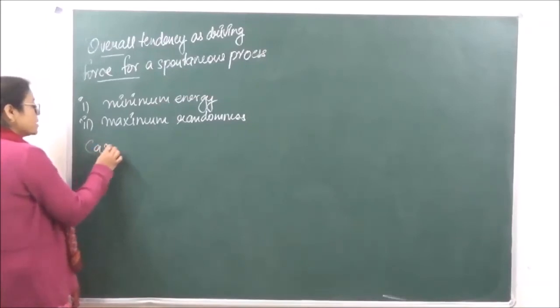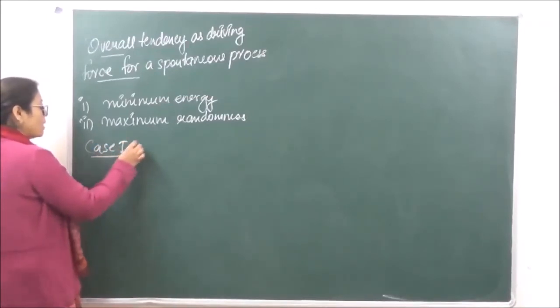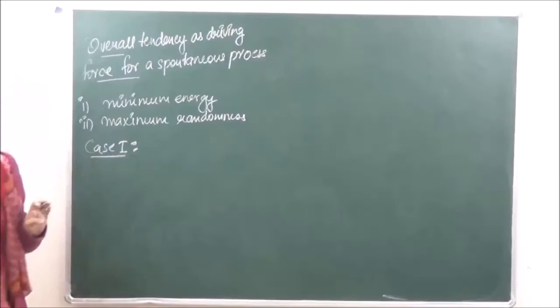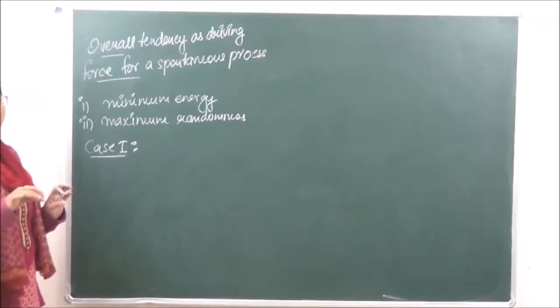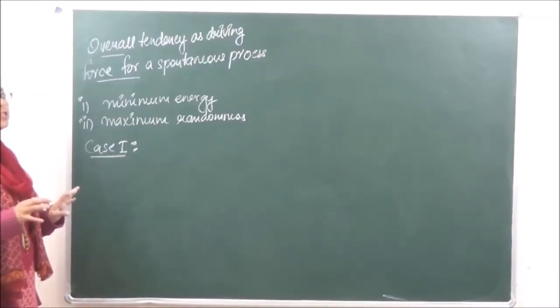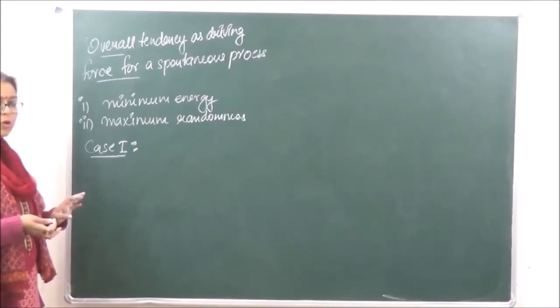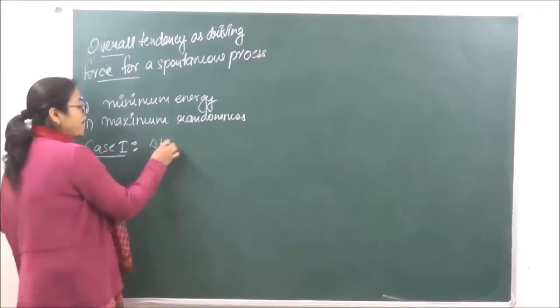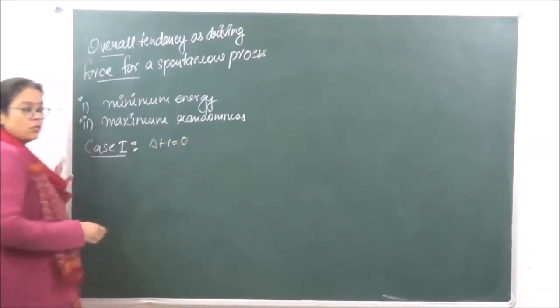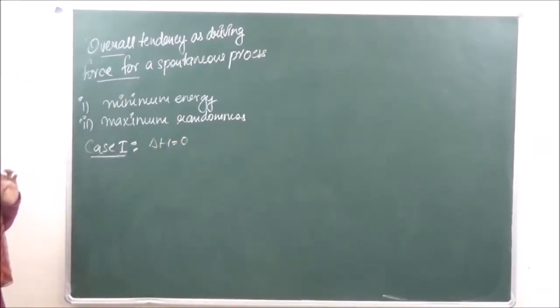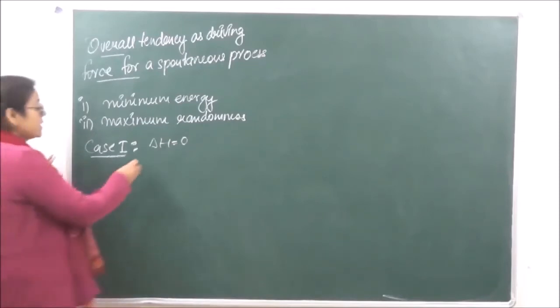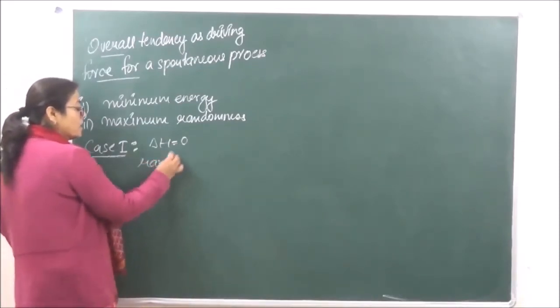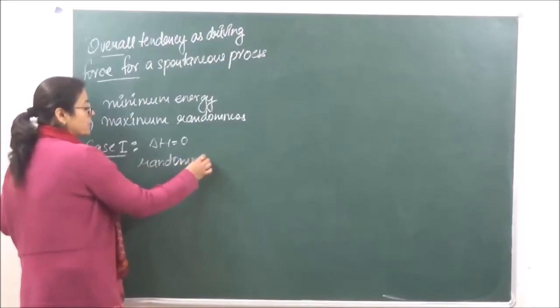So let's discuss a few cases. We are discussing case 1. According to the first case, when the enthalpy factor is absent, as we just saw, delta H is going to be 0. In that case the randomness factor is going to decide the spontaneity of a reaction.